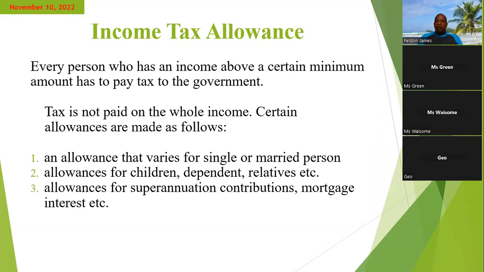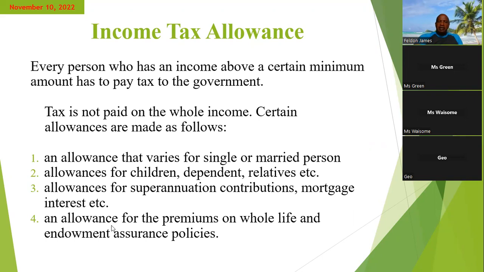Allowance for superannuation contribution, mortgage and interest. If you are paying mortgage on a house or some interest, etc., they may give you allowance. Allowance for the premium of the whole life and endowment assurance policy.